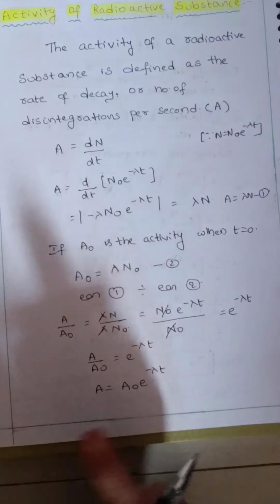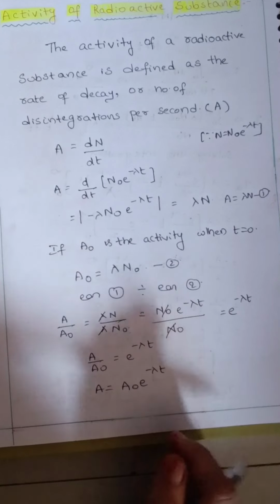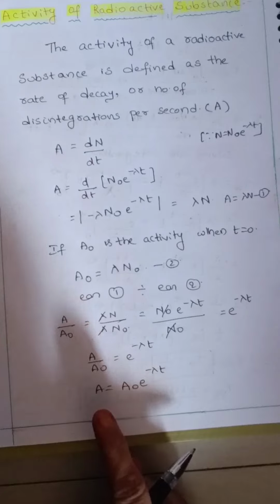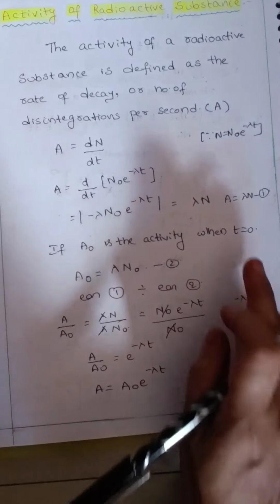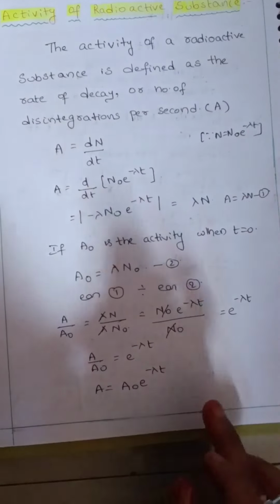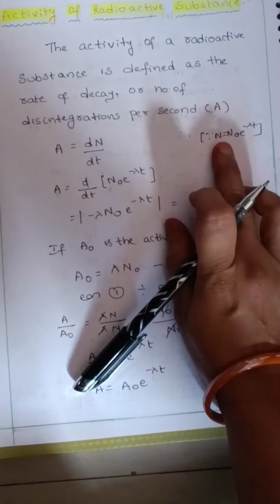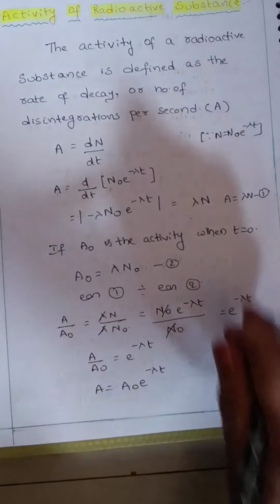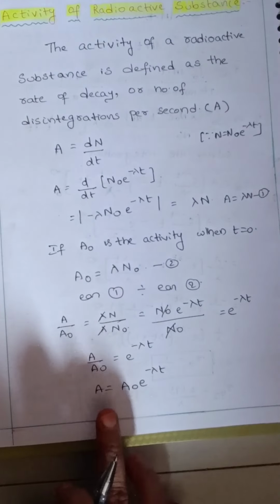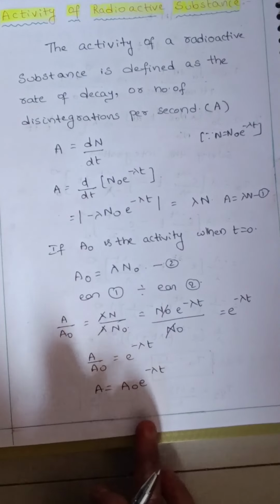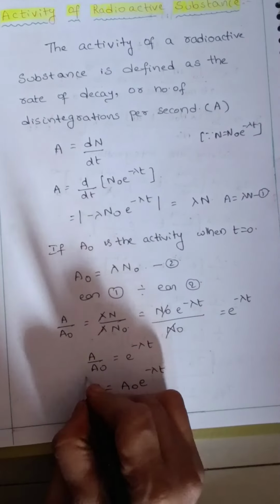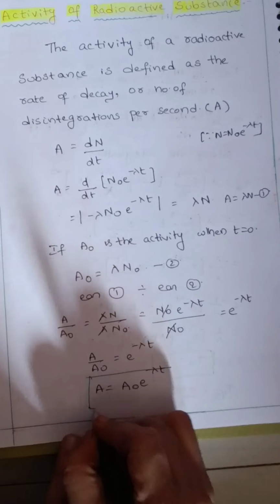Comparing these two equations shows that the activity has the same time dependence as N. How the number of atoms N depends upon time t, the activity also depends upon time t. So A is equal to A naught e power minus lambda t.